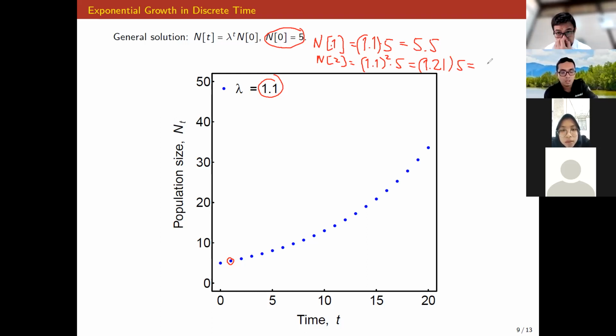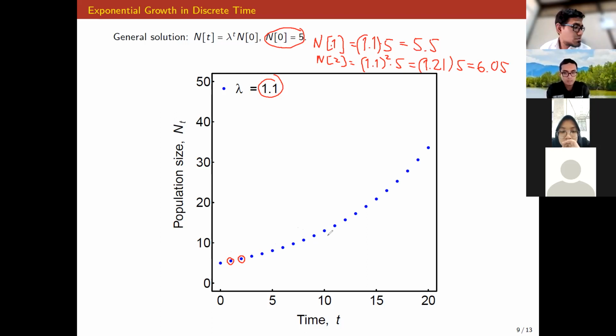Can you calculate it on your mobile phone? 6.05. Yes, so this is 6.05, and so on. This is for lambda 1.1.